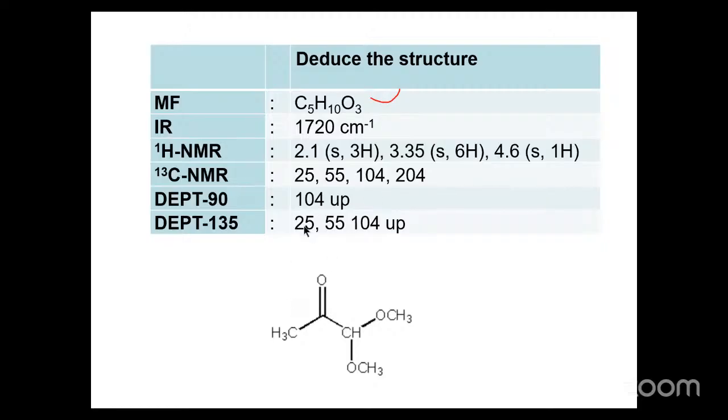Out of these, 25, 55, 104 are all up signals, isn't it? And 104 in DEPT 90 is up, so it is due to the methine. So by taking all this information, the structure of the compound is shown over here. This is easier, isn't it? So let us move to the next.